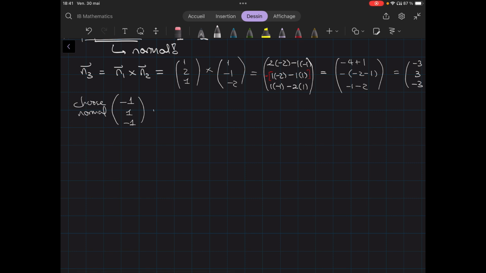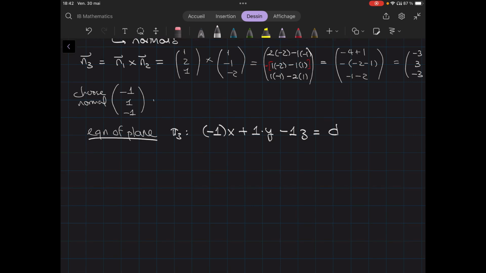Now that we know the normal vector of this plane, we can write the equation of the plane. So the equation of pi 3 is going to be -1 times x plus 1 times y minus 1 times z is equal to a constant. We know that the plane passes through the point 5, -5, and 5.